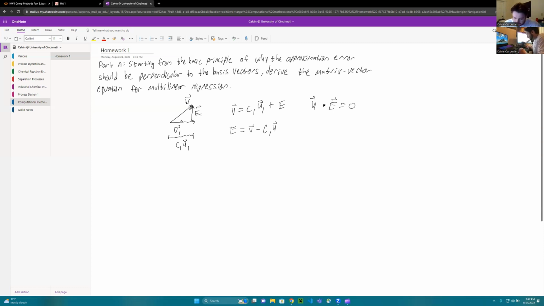And so when you plug in your error into your dot product of your basis vector and your error, you can minimize your error.